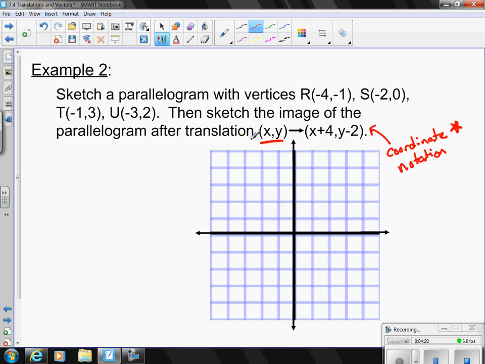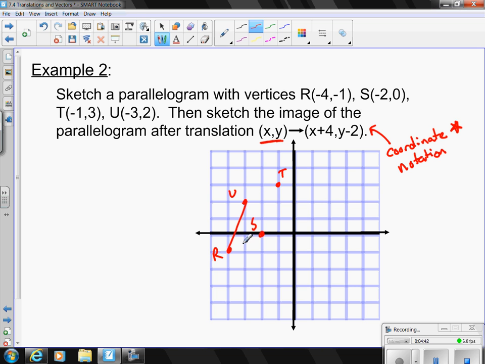We're using coordinates to describe the translation. So -4, -1, that's R, -2, 0, S, and -1, 3, T, -3, 2.